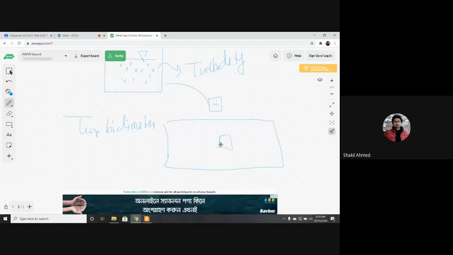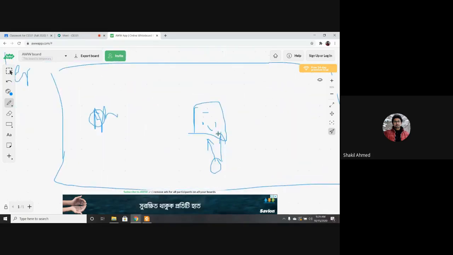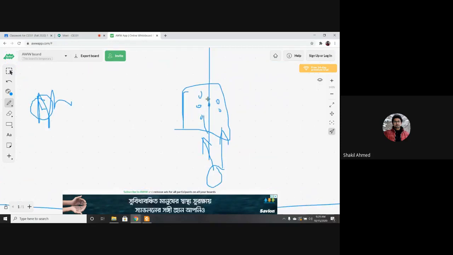This is your sample, which has turbidity. You have a lamp here where you pass the light. Now, if you do not have any turbidity, then the light will pass directly through, right? Now, if you have turbidity, then this light will be reflected and will scatter here and there.